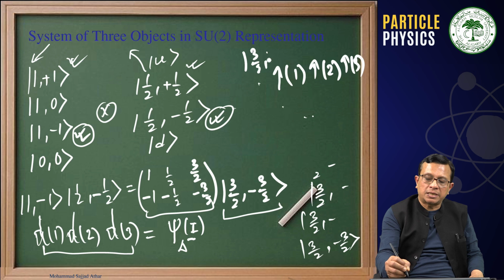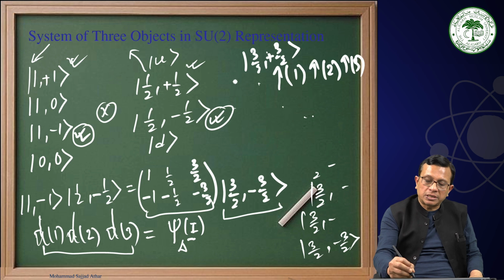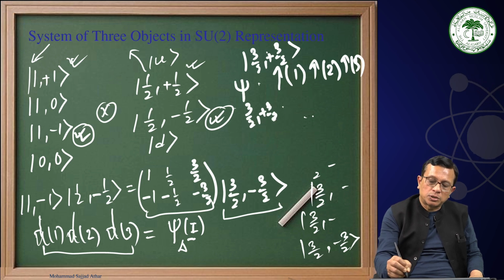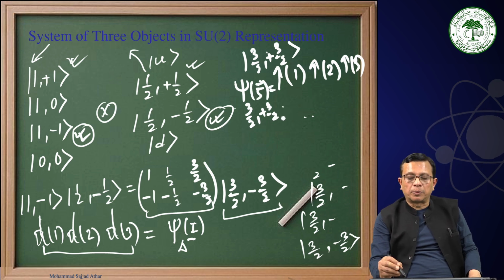This will represent the spin 3 by 2, plus 3 by 2 state.